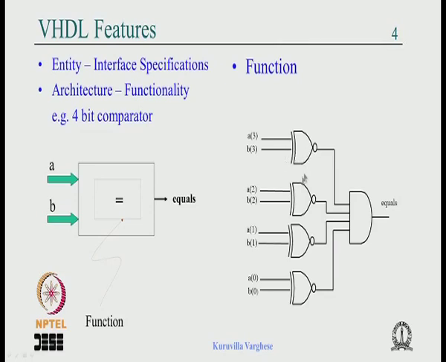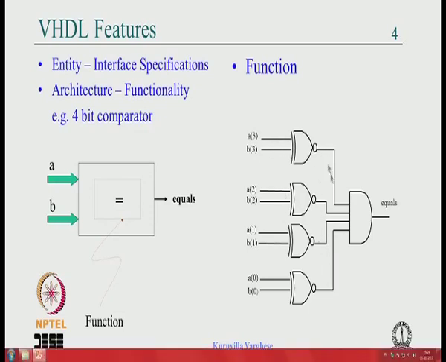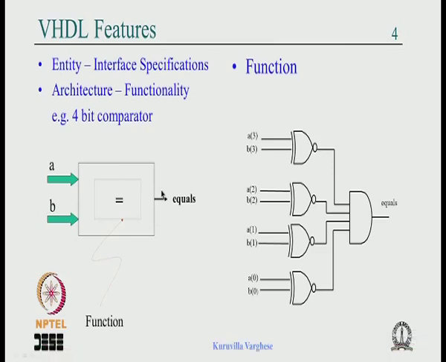Unless all these are equal, the output won't be 1, and if all these bits are 1, then the AND gate makes it 1. So you know the circuit: exclusive NOR gates and one AND gate. That is the VHDL way of describing it, with the main kind of component and sub description, entity and architecture.